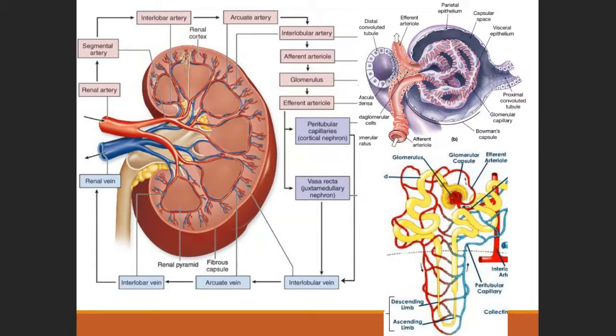The peritubular capillaries and the vasa recta, those are capillaries that more accurately represent what we knew about capillaries. This is where we get gas exchange, making up the cells of the nephron. Remember, the nephron is not a cell. The nephron is a structure composed of many cells. They need to be oxygenated.